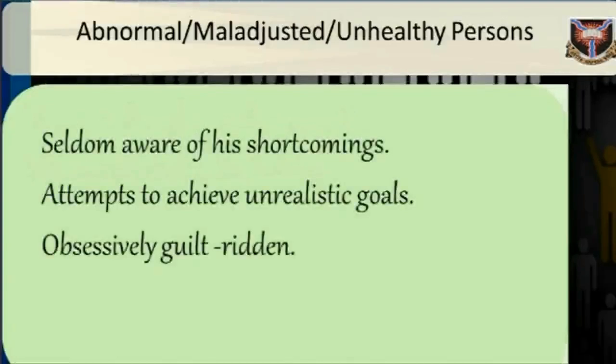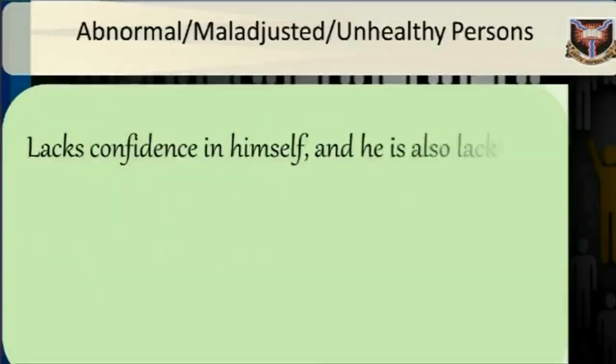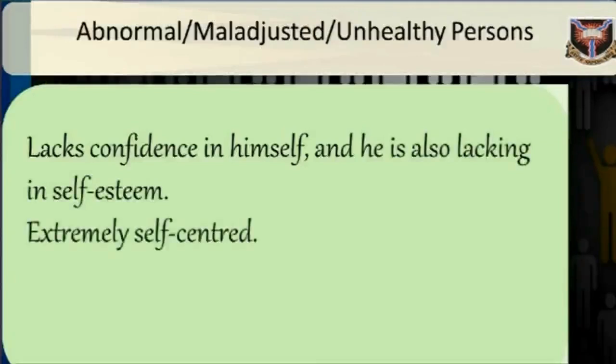He attempts to achieve unrealistic goals. 8. He is obsessively guilt-ridden. 9. He lacks confidence in himself, and he also lacks self-esteem. And 10. He is extremely self-centered.